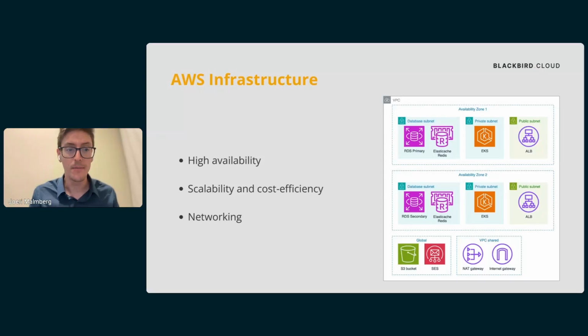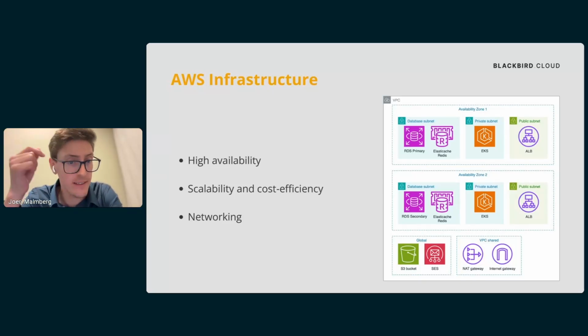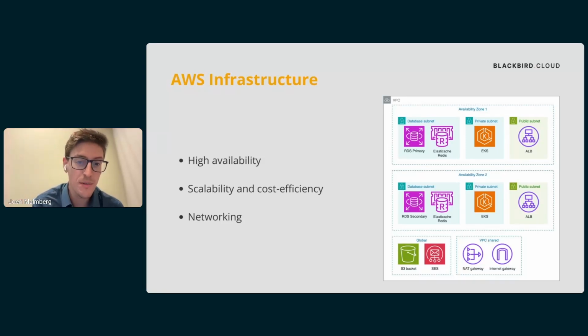And yeah, the networking is also a big part of this, of course. So in the diagram here, you can see we've created a VPC, a network, divided across 2 availability zones. In these availability zones, you can find redundancy for the Postgres, Redis, and the compute components.